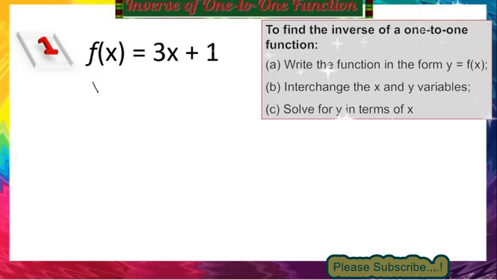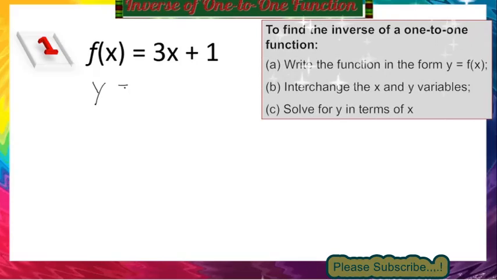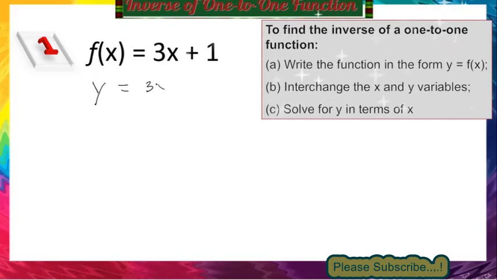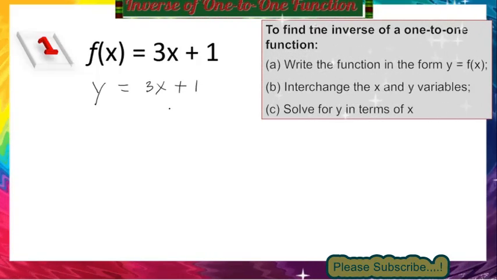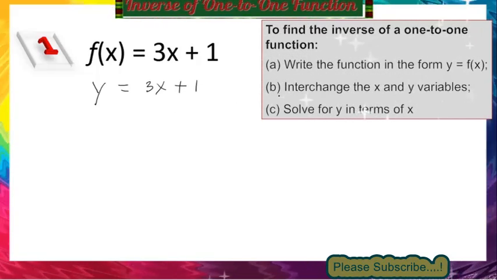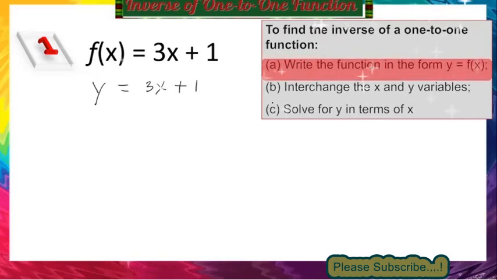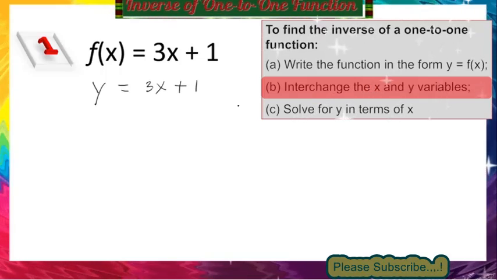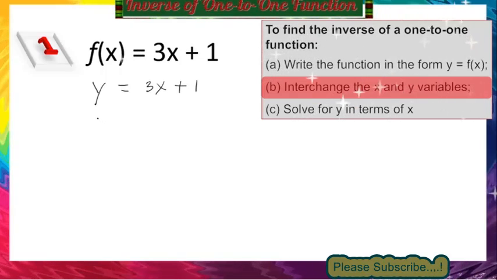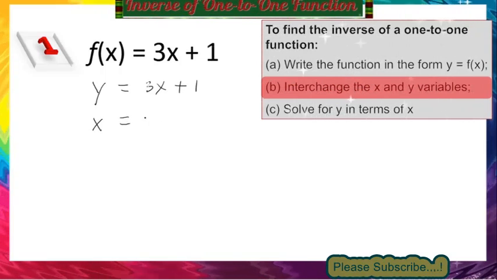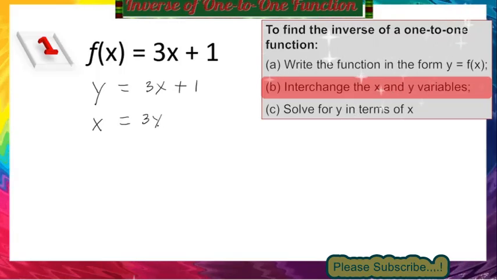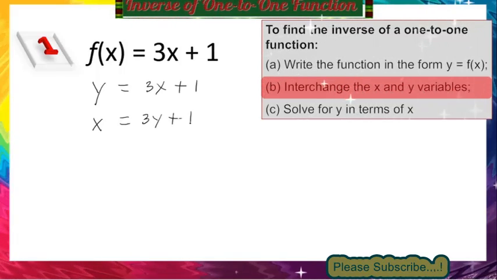So this is the first step: y equals 3x plus 1. Then next is interchange the x and y variables. So y becomes x and x becomes y: x equals 3y plus 1.